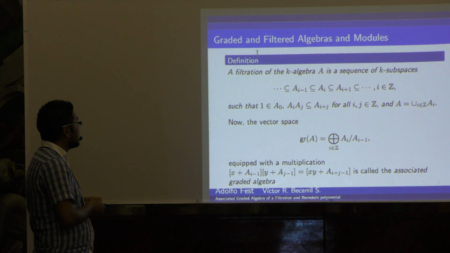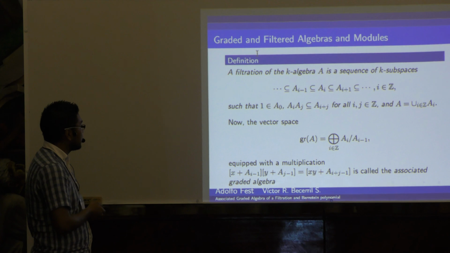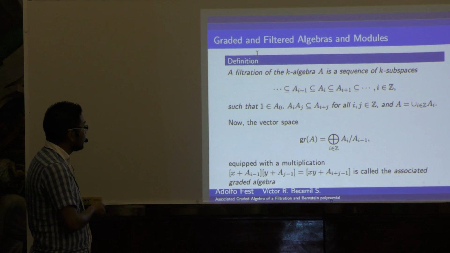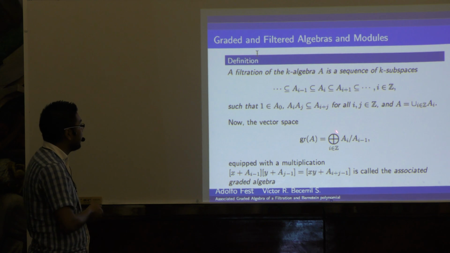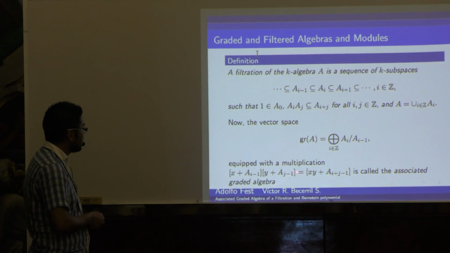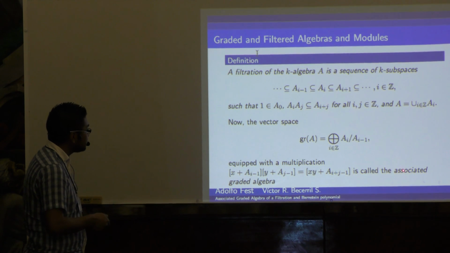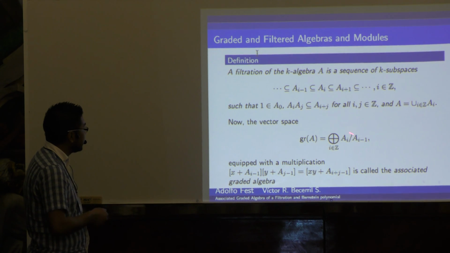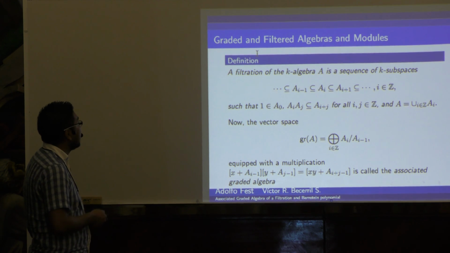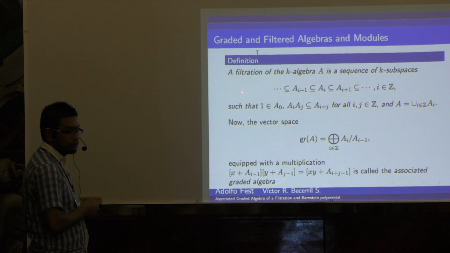Now we can consider the vector space associated to this filtration by taking quotients by the anterior one and taking the direct sum, and equip it with a multiplication in this way. This object is called the graded algebra associated to this filtration.